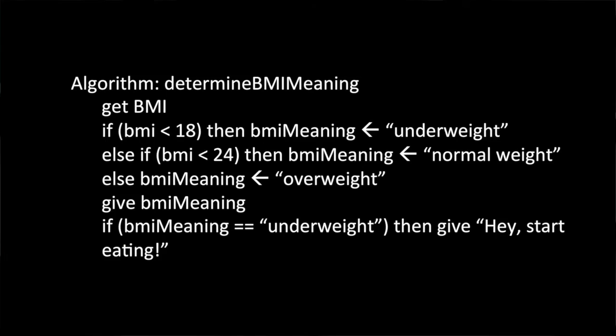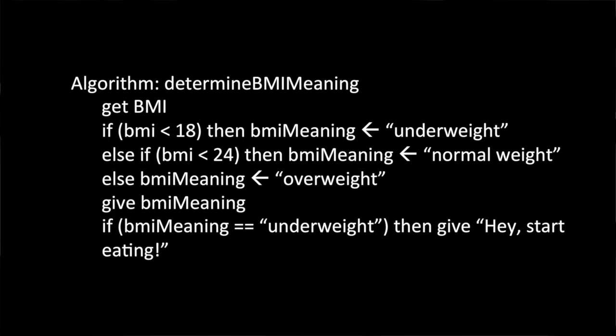If it's not less than 18, so that's else, if the body mass index is less than 24, then we'll put the character string normal weight in the variable BMI meaning. And if that's not true, else, we'll assign the character string overweight to the variable BMI meaning.